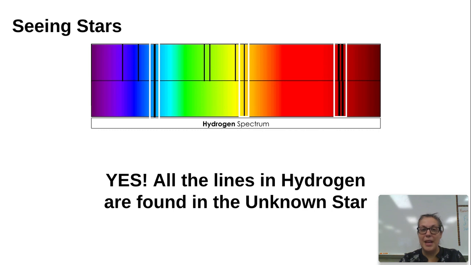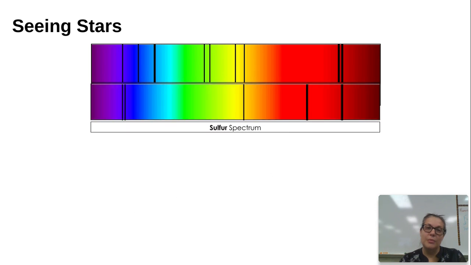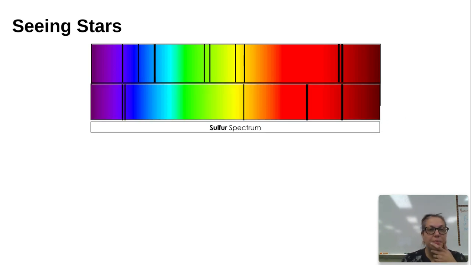So all of the hydrogen lines are found in the unknown star. What about iron? Yep. Yes, all of the lines in iron are present within our unknown star.